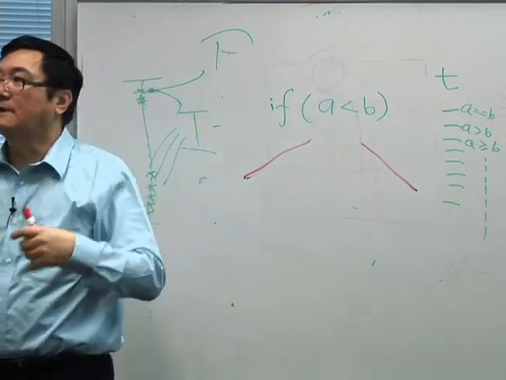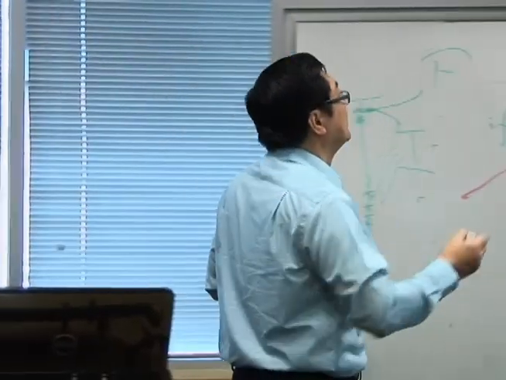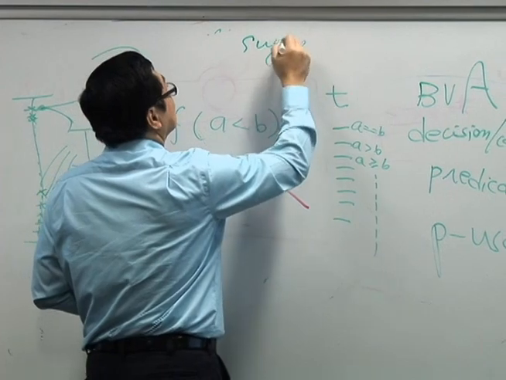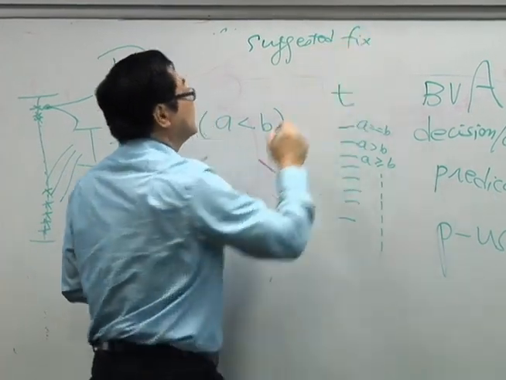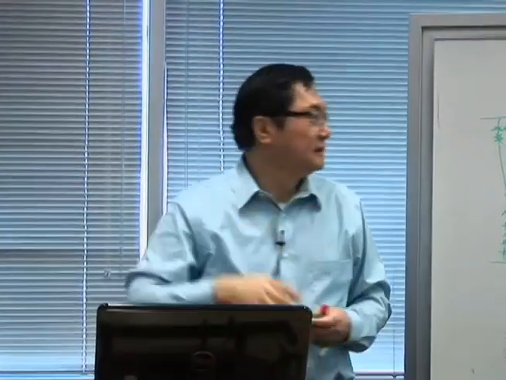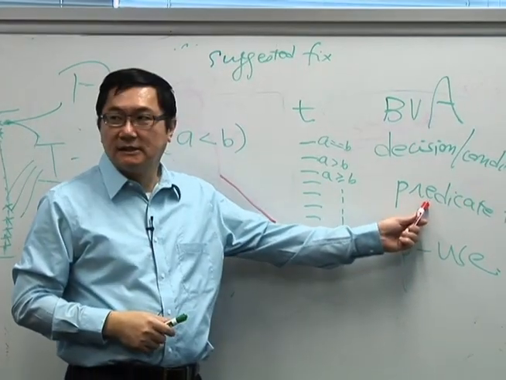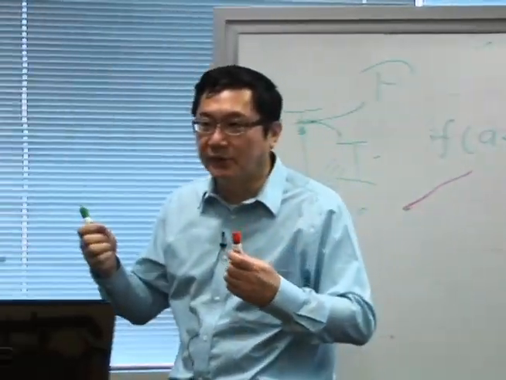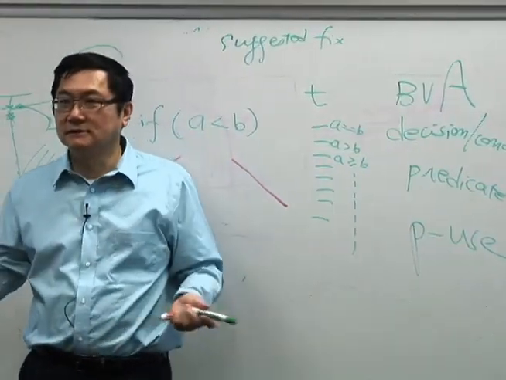So it can help you to catch a bug and give you a suggested fix. So far so good? But we also talked about how predicate testing only works for certain types of predicates. Remember, it has to be singular, or a special type of non-singular. And decision, no limitation.